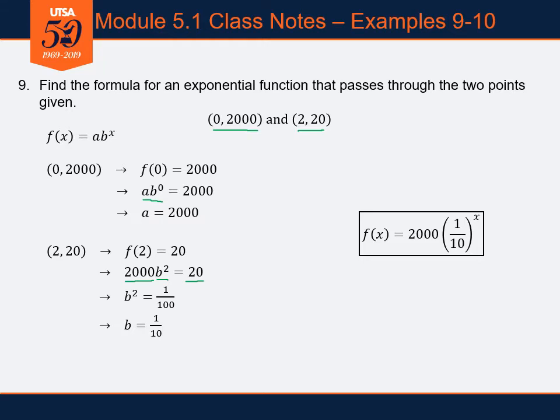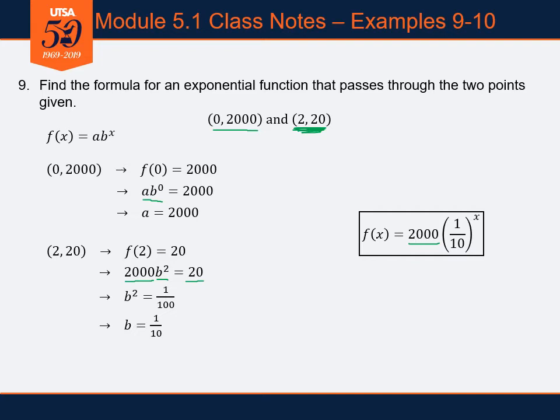That tells me that I'm starting off with 2000 at time 0, and then every unit of time, I'm dividing that 2000 by 10. So 1 unit of time later, I'm going to divide by 10 and have 200. Another unit of time later, I'm going to divide by 10 again and have 20. Oh look, 2 units of time later, I'll be down to 20.